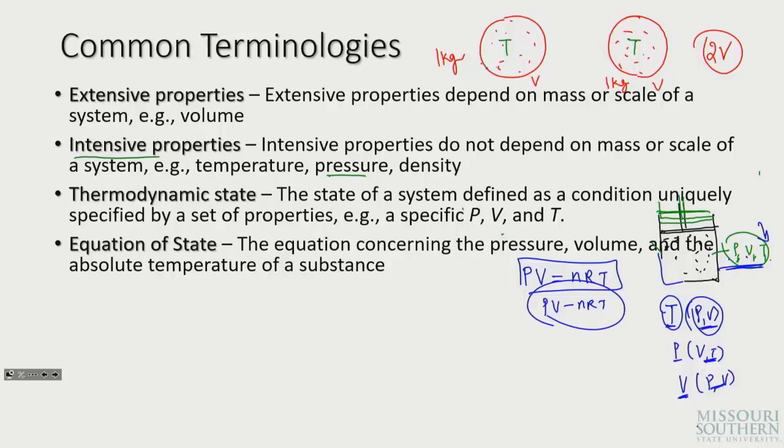I'm just giving a very basic example that shows the relationship between P, V and T. We can write the relationship between the three variables in general form as a function, f(P, V, T) equals 0, and this equation is what we call the equation of state.